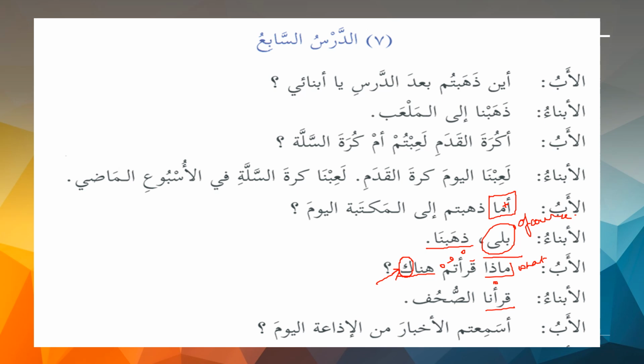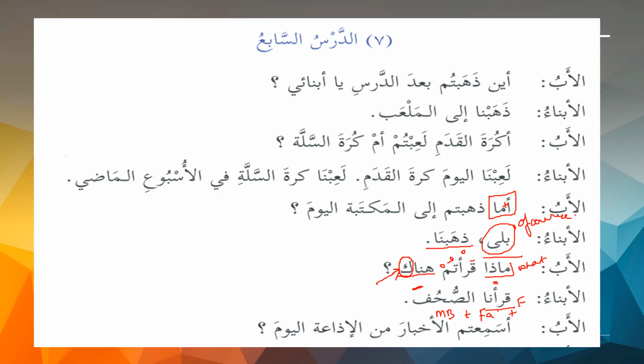We read a suhuf. Suhuf means newspaper. So this is actually a jumla fi'liyya, fi'l plus fa'il, where the fa'il is a damir here, and then as-suhuf is in the place of maf'ulun bihi. So you know what should be the haraka here. It should have a fatha over the fa.